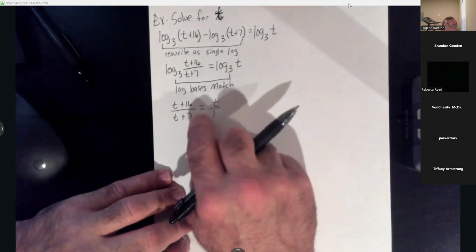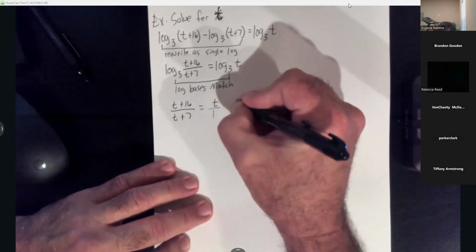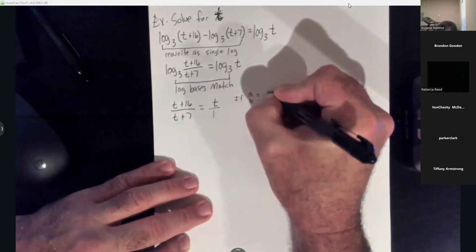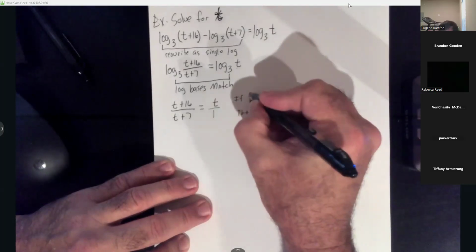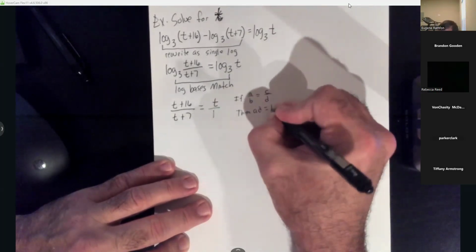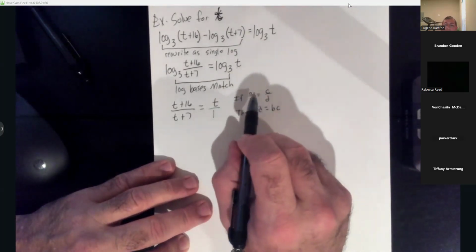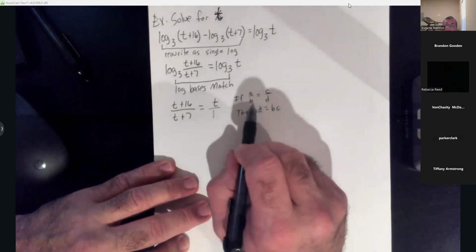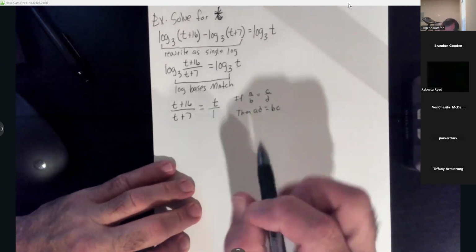There's a property that says if A over B equals C over D, then A times D equals B times C. You get rid of the fractions by cross multiplying. The top of the first fraction times the bottom of the second equals the bottom of the first fraction times the top of the second.